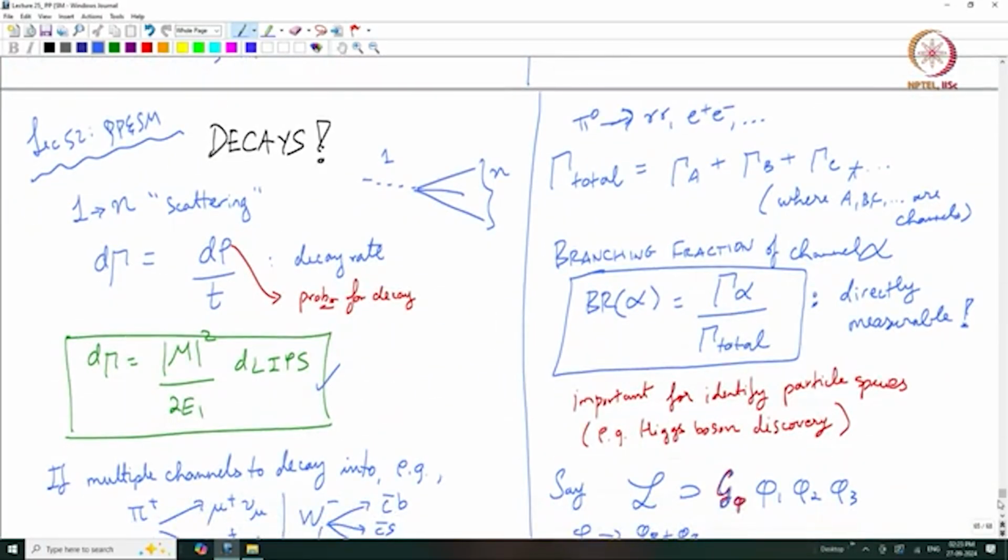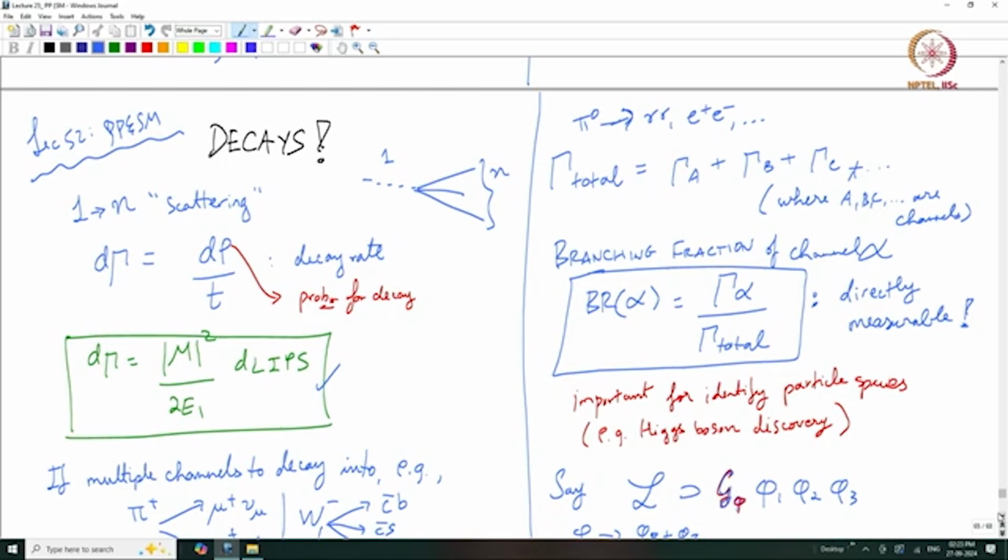Of course the decay rate is also not Lorentz invariant, right, it is related to the lifetime and all that, and in particular from this expression you separated out a Lorentz invariant term, which is the Lorentz invariant phase space, dΠ. Then what you are left with is the amplitude squared divided by the energy, but it is just the energy, right, I did not write down the invariant mass or anything, the energy of the initial state, right.